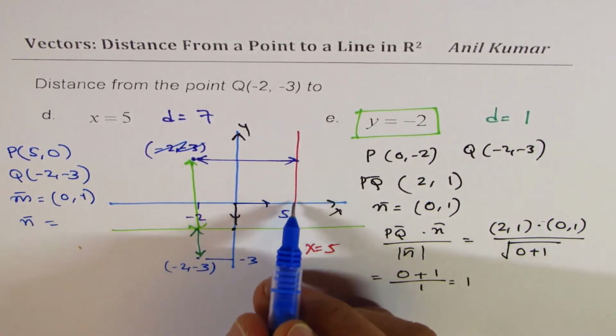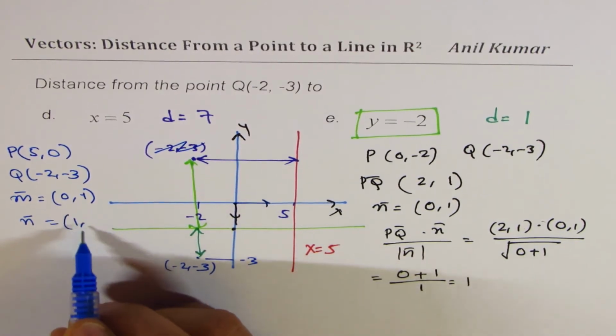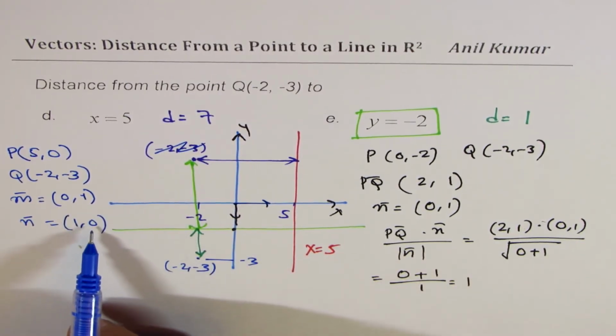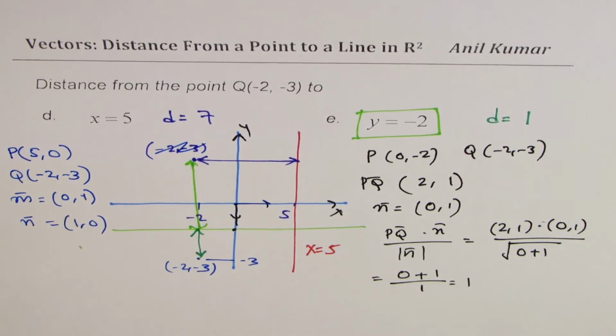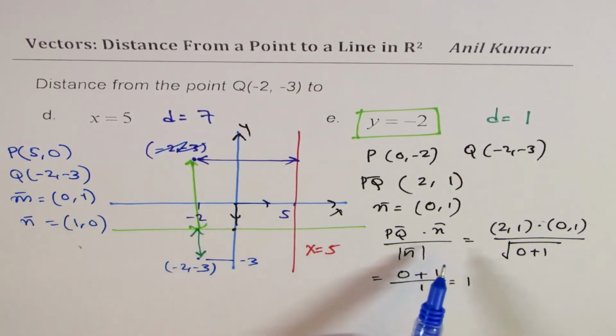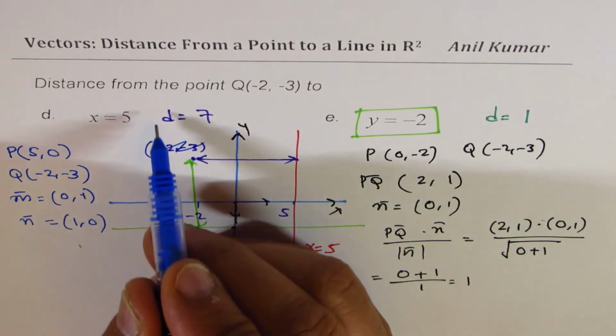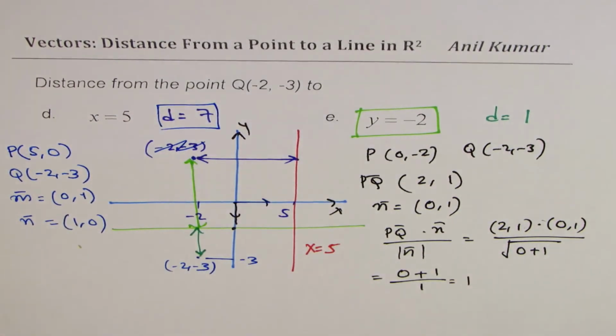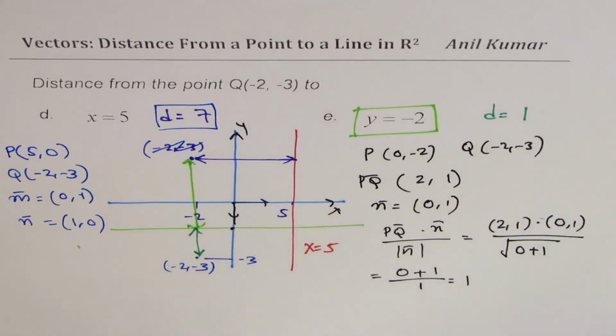So that becomes normal to this line. So you could say (1, 0), right? We are not putting any negative for 0. It doesn't make any sense. You could use this formula and verify that the distance is indeed 7. Is that clear to you? However, the straight answer as I have given is good enough.